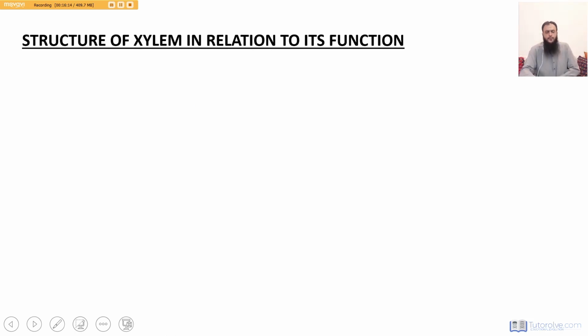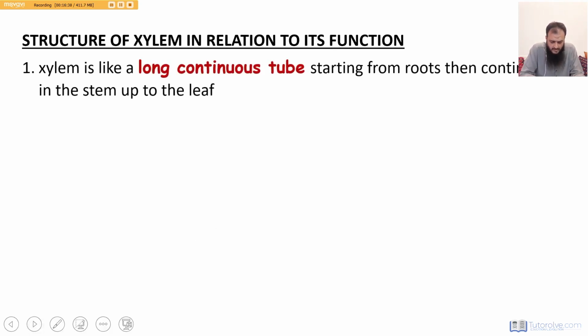Now, once we've understood the function of xylem vessel, let's try and relate the structure with the function. Okay, now quickly pause the video and recall the function of the xylem vessels, which are number one, transportation of water and mineral salts, number two, giving mechanical support to the plant. Now, coming to the very first point, xylem is a long, continuous tube.